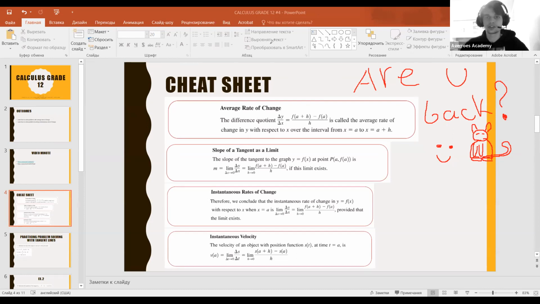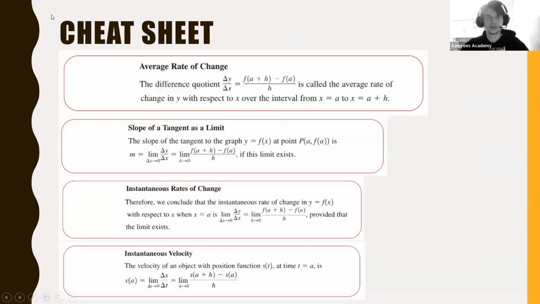So here on your screen, you can see a cheat sheet. Here are basically all the formulas that we looked into since the beginning of the course. It's not an accident why I arranged them in exactly this order.